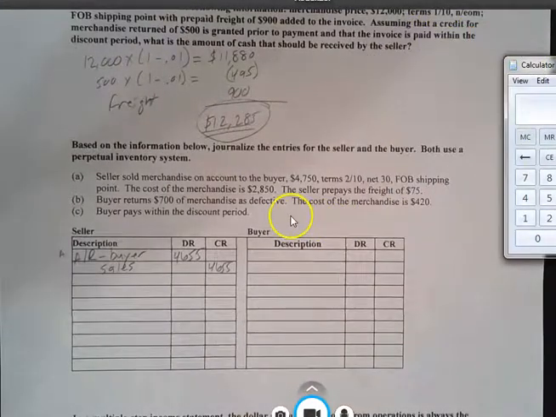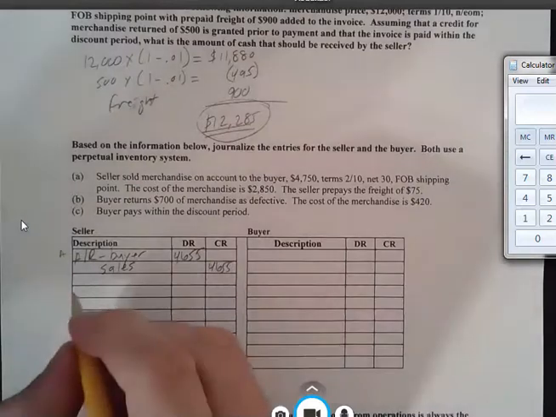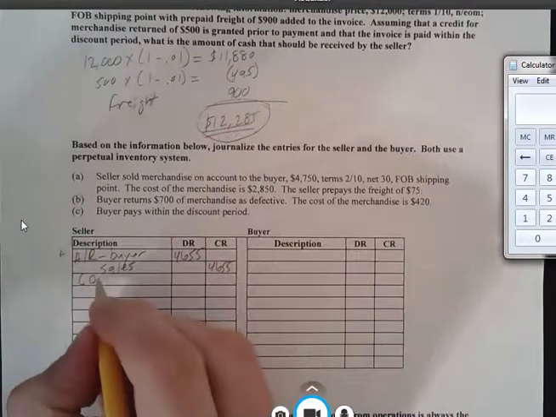Move this out of the way. The merchandise cost $2,850. So whether the seller got a discount on this or did not is irrelevant. This is the cost of the merchandise. So we don't have to make any adjustment to this. If it was an adjustment, it's already been made for us. Okay? So the debit is the cost of goods sold.